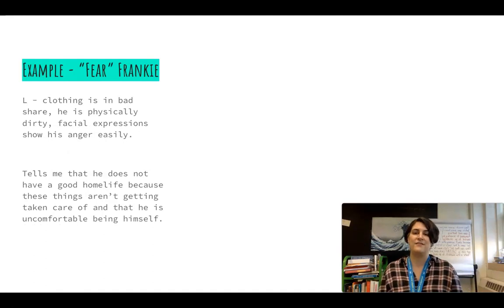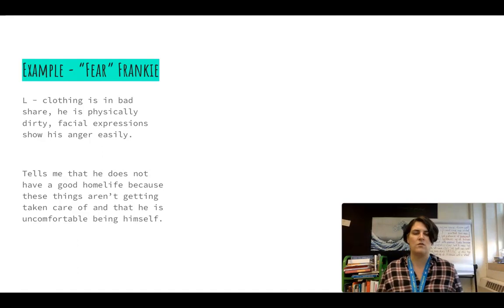And finally, we have his looks. His clothing is in bad shape. He looks like he's not well taken care of physically, like he seems to have issues with his teeth and things like that. And we can see that he wears his emotions and his anger on his expressions. This tells me he does not have a good home life, because even if he doesn't have a lot of money and can't have nice things, you can still make sure you're brushing your teeth or things like that to still look presentable.